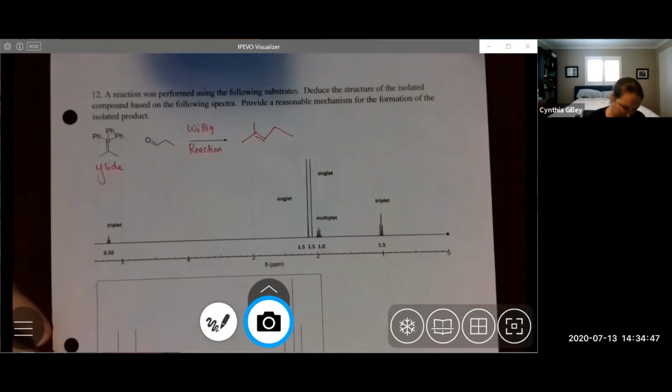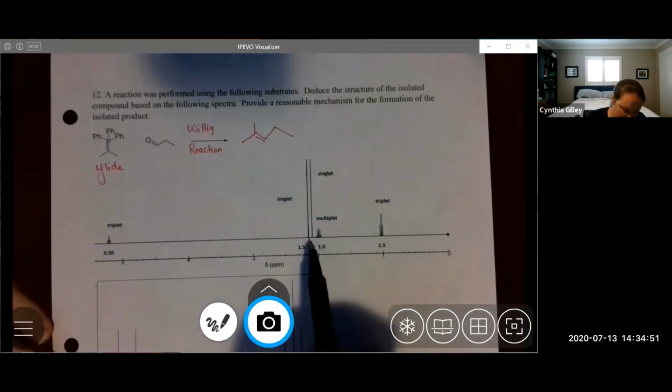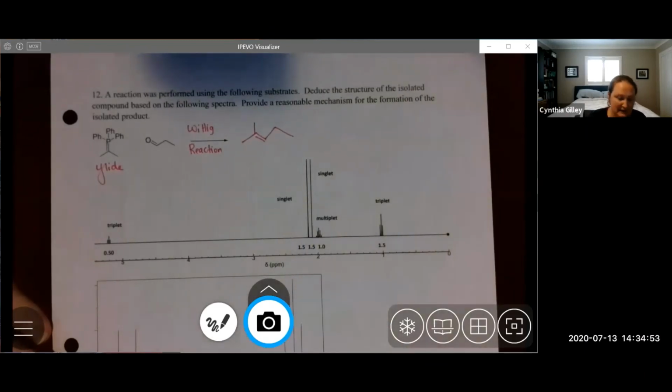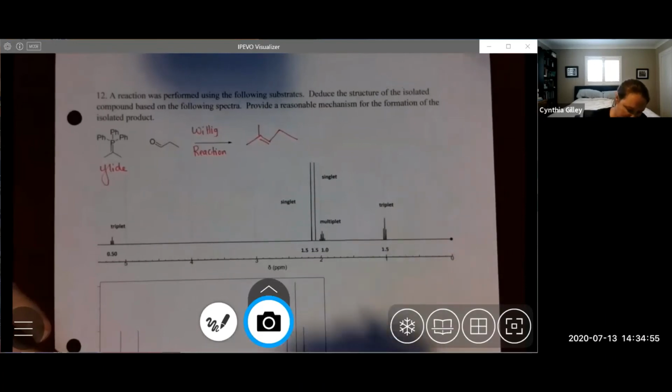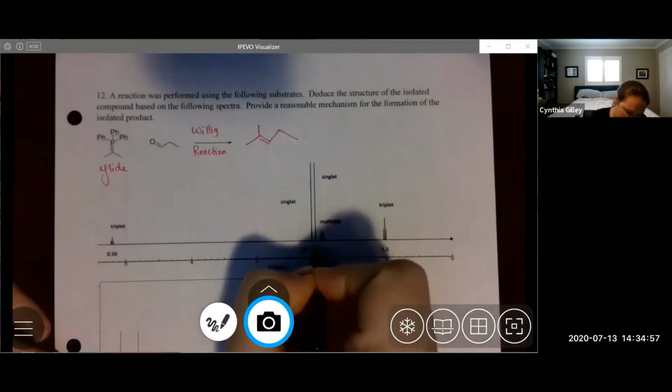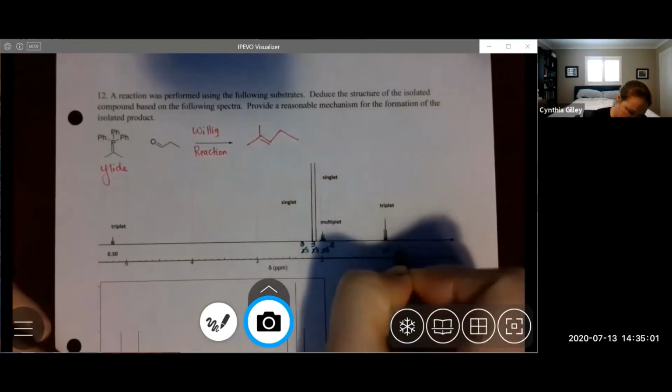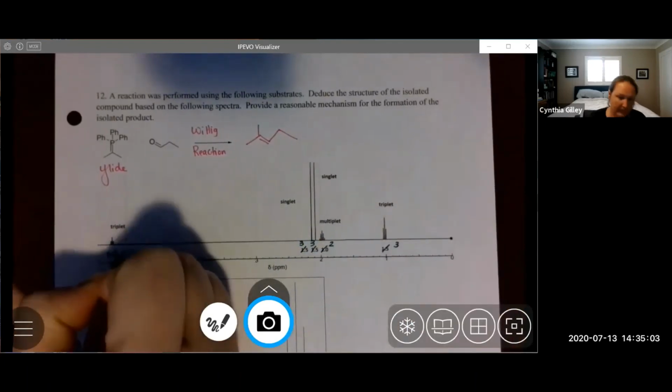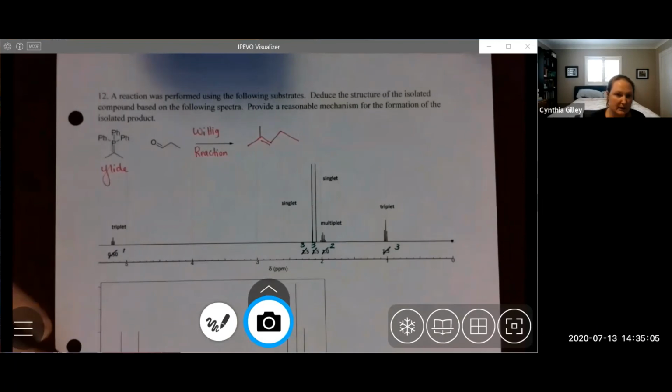So we have the two singlets here. It says they're integrating for 1.5, but that doesn't make sense. So multiply everything by 2 in order for the integration to make sense.